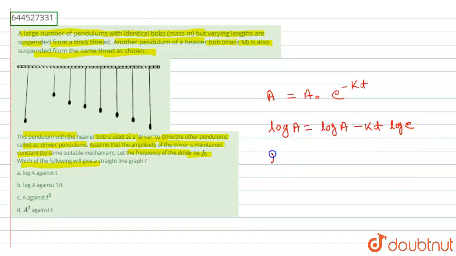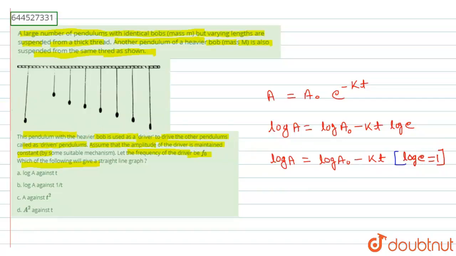So from here we can write log A is equal to log A naught minus kt, because log e to the base e is equal to 1.